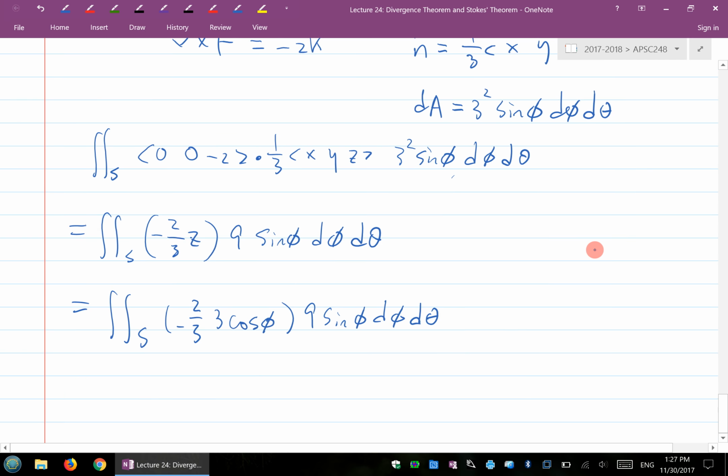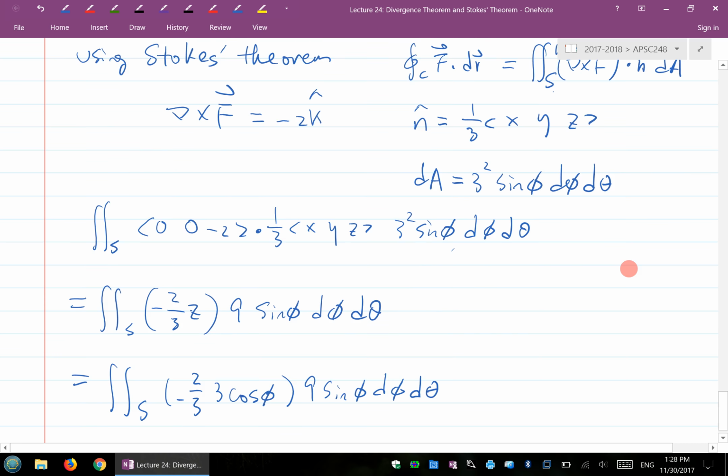Finally, you're ready to calculate the surface integral by finding the limits for phi and theta. With a little simplification, you get -18 cosine phi sine phi d phi d theta.